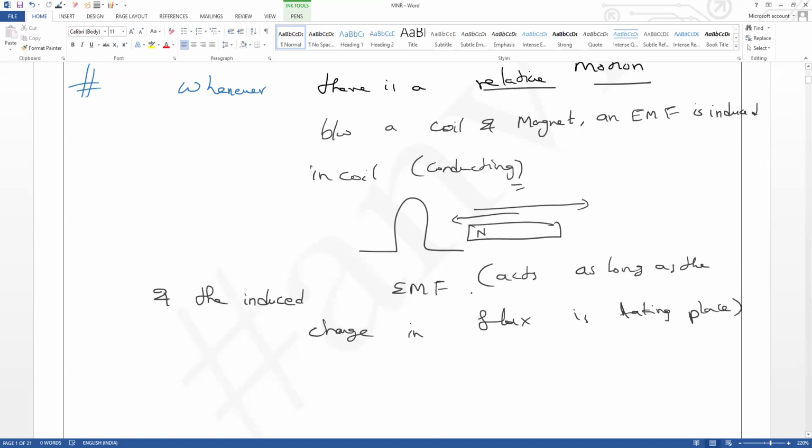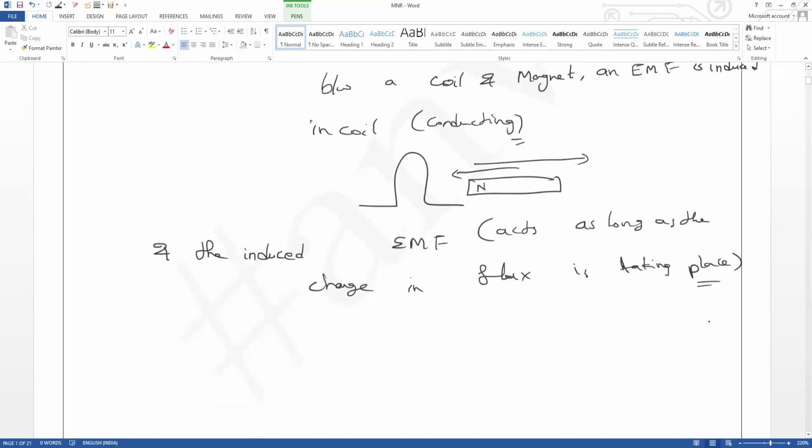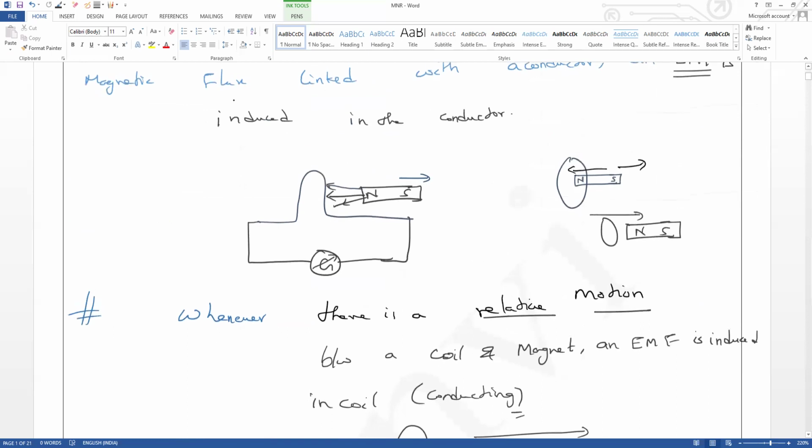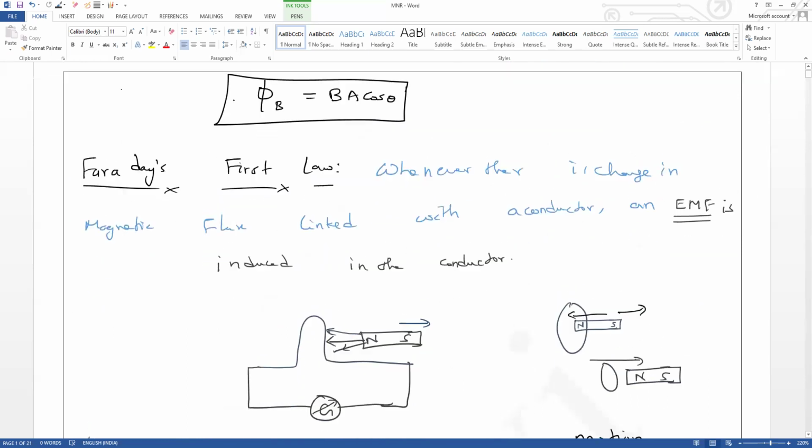That is, the induced EMF acts as long as the change in flux is taking place. Once the change in flux changes, the EMF direction also changes, and the induced current also changes. That is only the first law, Faraday's first law.